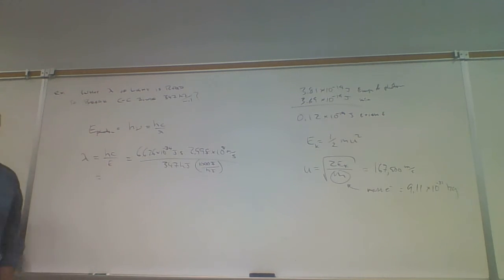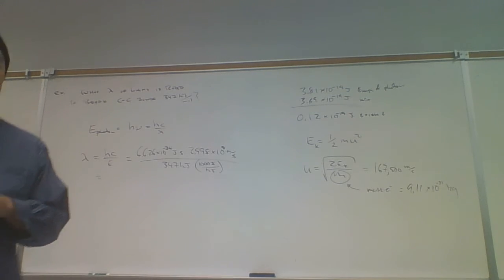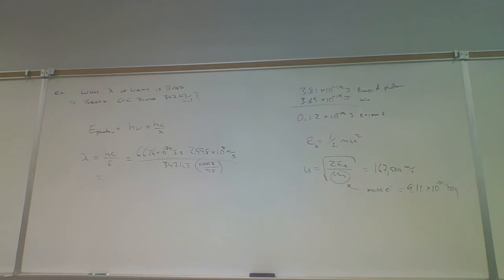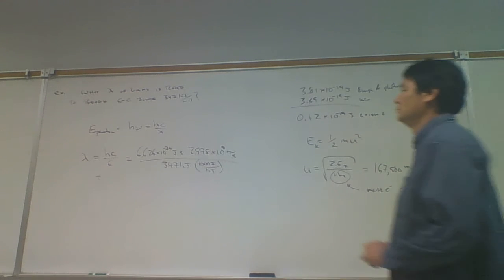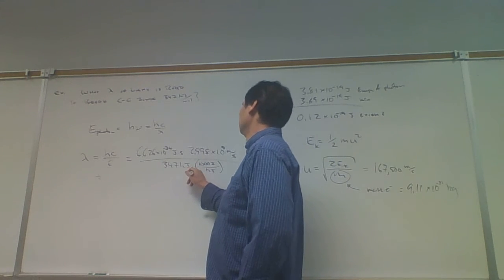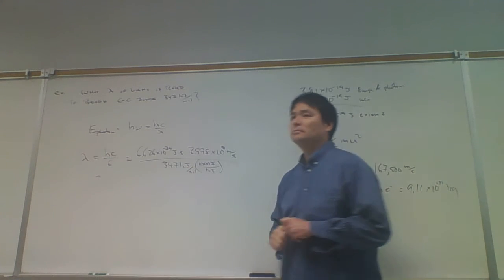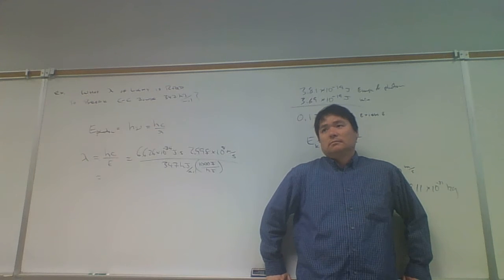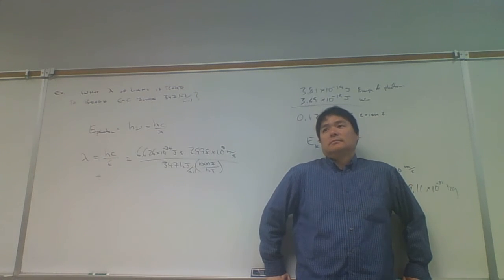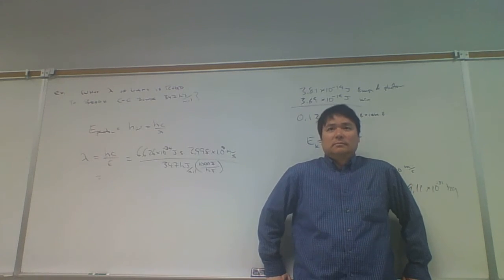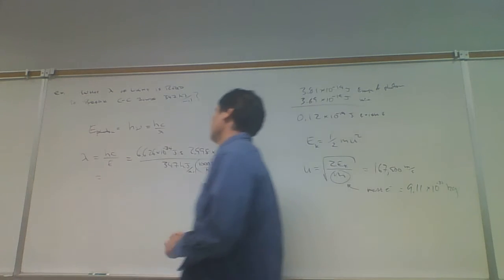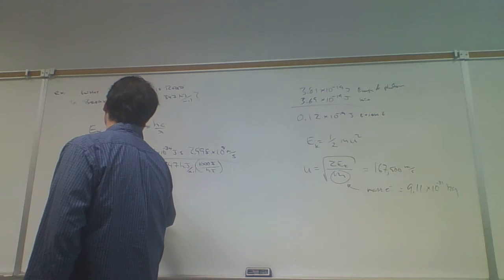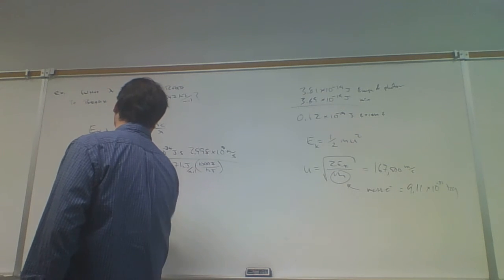So what do you get for the wavelength? 5.72 times 10 to the negative 31 meters.